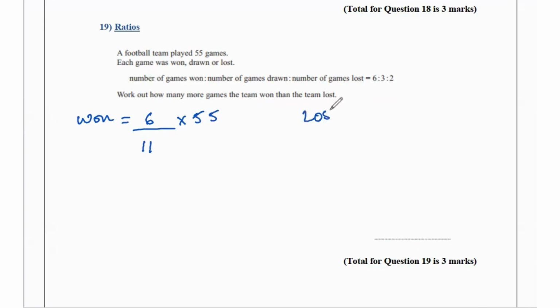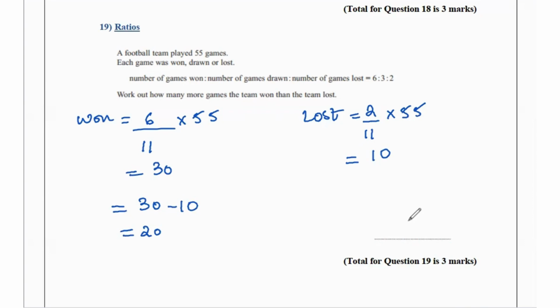And for lost, it's going to be 2 over 11 times 55. So that's going to be 30 over here, 10 over here. So the final answer would be 30 minus 10, which is 20. So how many more games the team won than lost? 20.